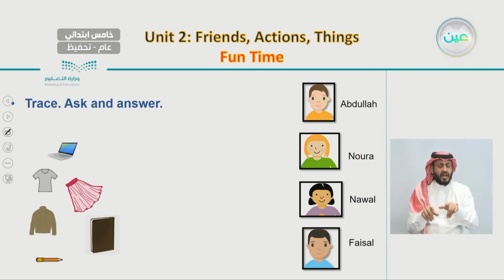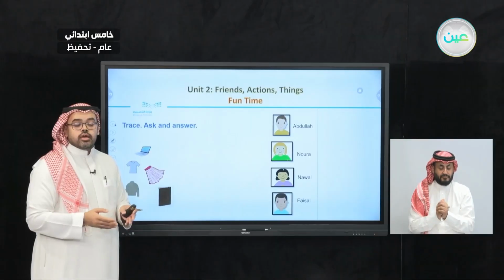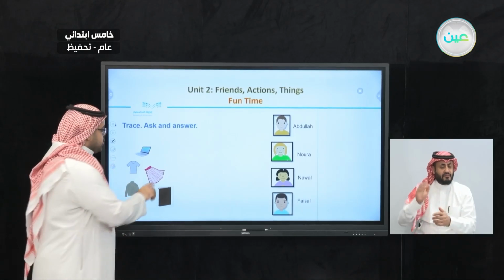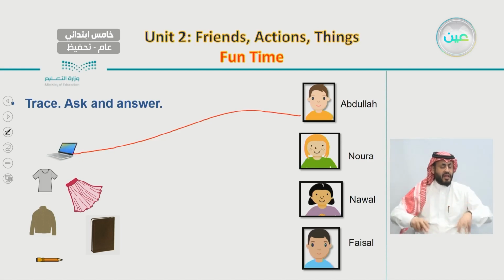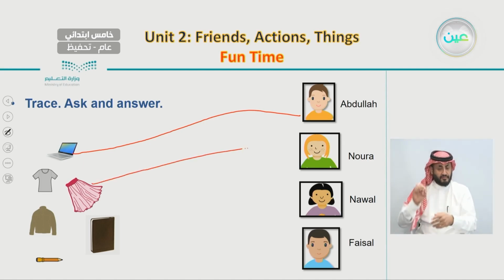Whose laptop is that? Maybe we can say it's Abdullah's. So here we can direct it to Abdullah. The other item, a skirt. Whose skirt is that? It's Nora's. So here we can match the item to Nora.